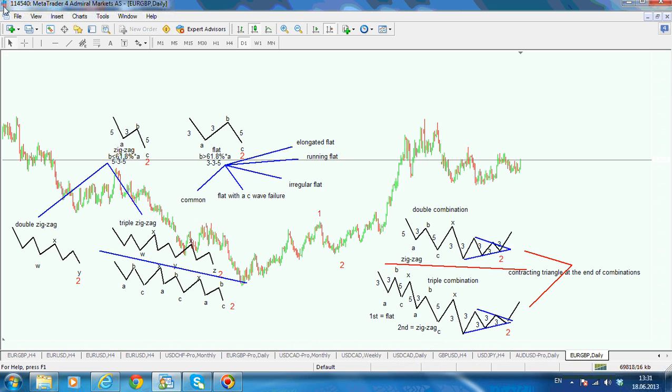Now in our example here on the Euro Graviton Pound daily chart, if this is a first wave of this degree, normally this first wave is being formed out of different waves of a smaller degree.